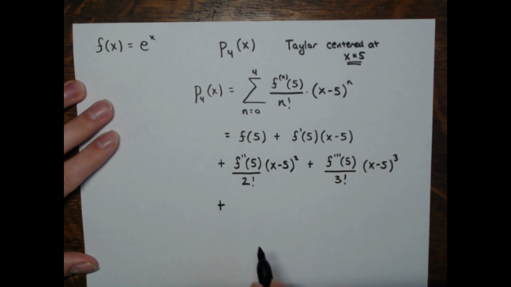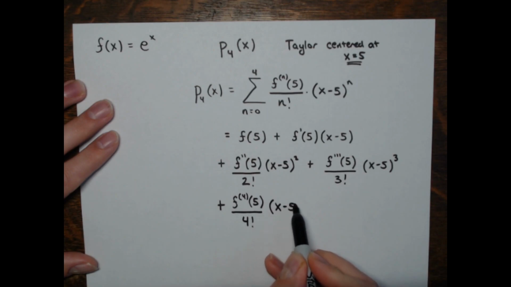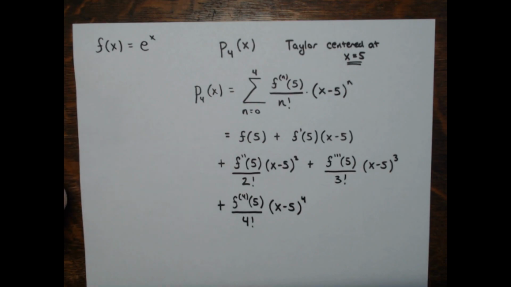And then finally, the fourth powered term: the fourth derivative at 5 divided by 4 factorial, times x minus 5 to the fourth power.